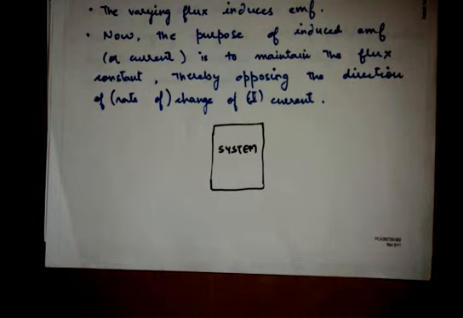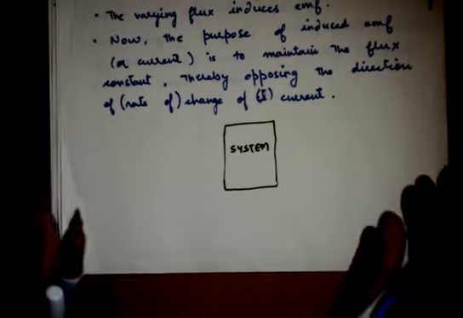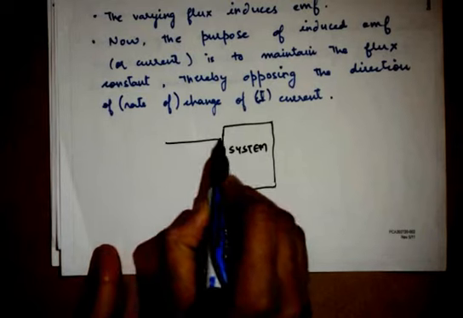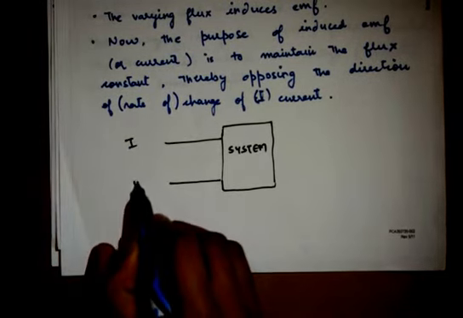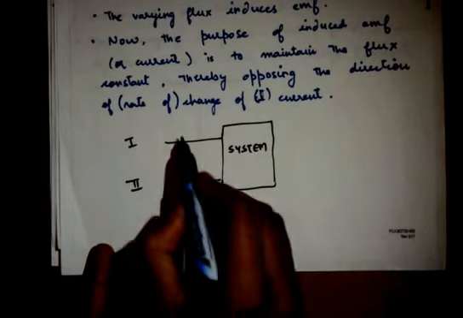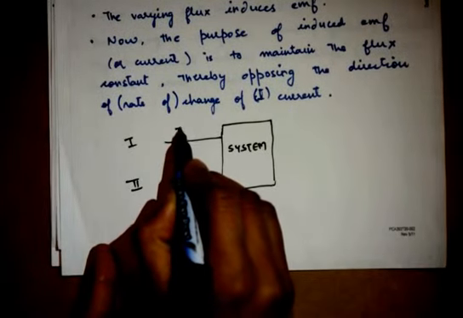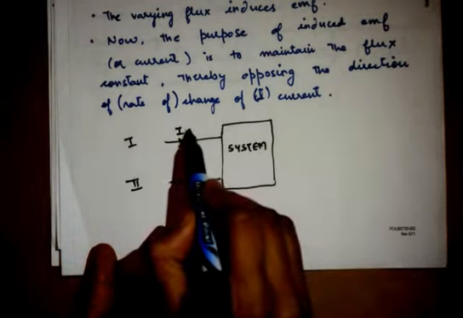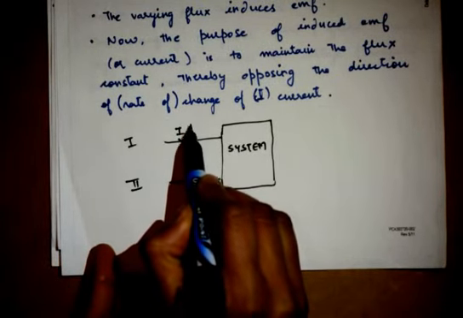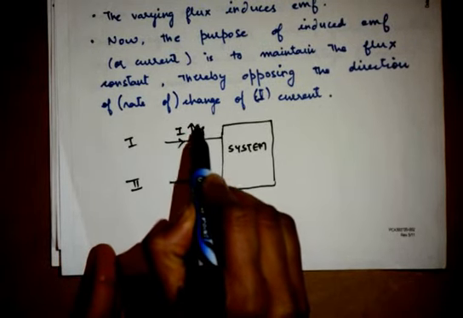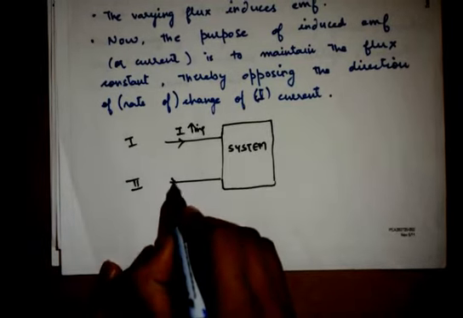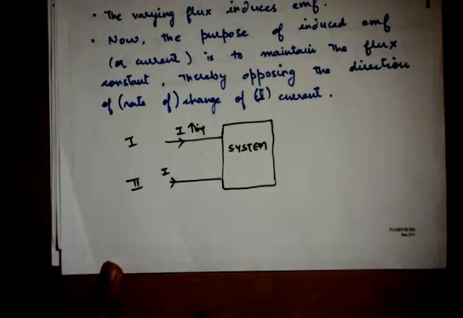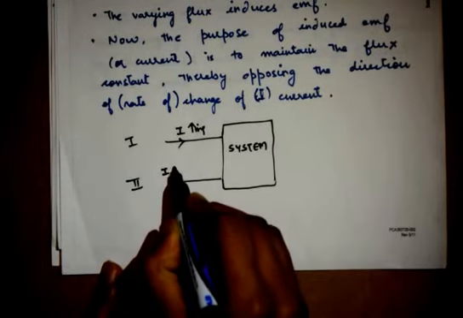And suppose we take two cases. In the first case, we are providing a current which is an increasing current. And in the second case, we are providing the same current, but it is a decreasing current.